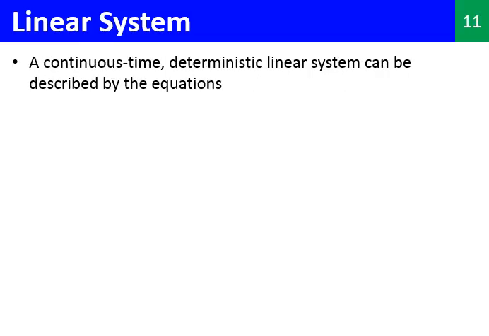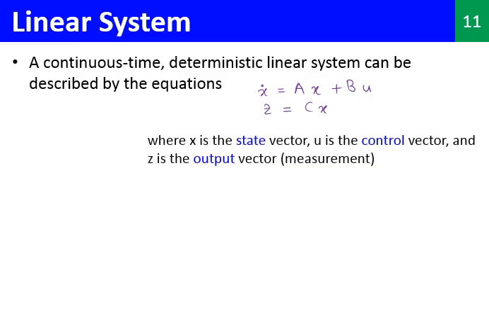We can represent a continuous time deterministic linear system by the following equations. So first we have x dot equals Ax plus Bu, and next we have z equals Cx. So here x is the state vector, u is the control vector, and z is the output or the measurement vector.